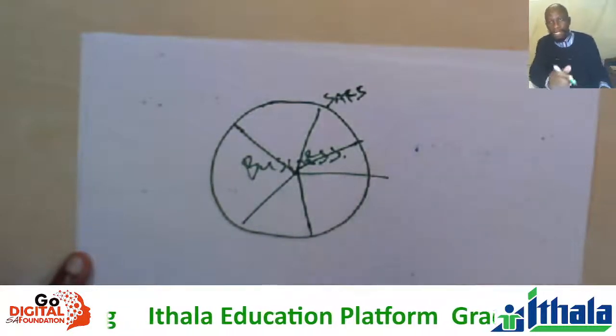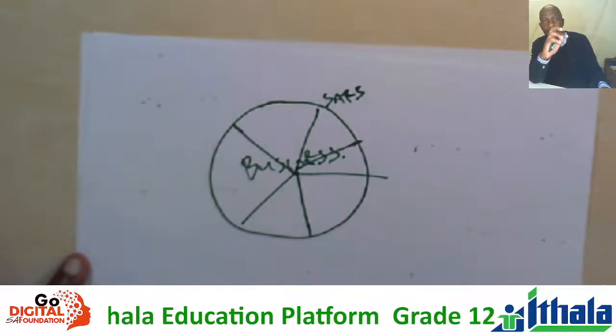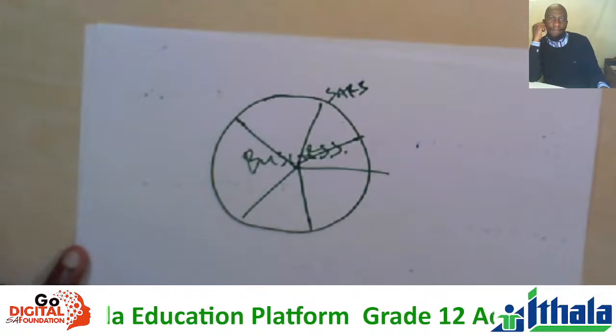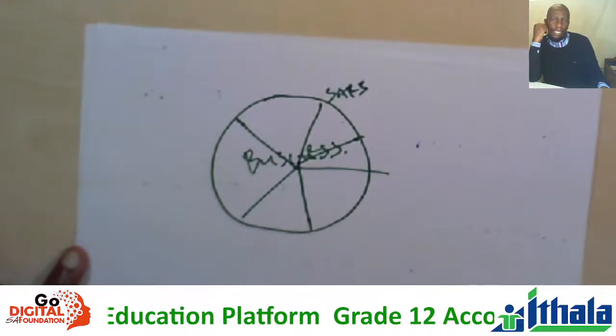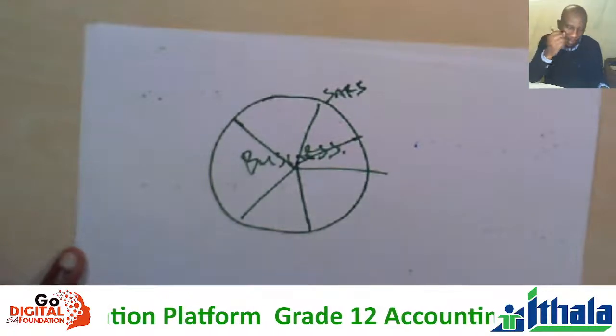Remember, SARS is only looking for 2 things: tax evasion as well as tax avoidance. Whether you are paying a tax or you are dodging a tax.